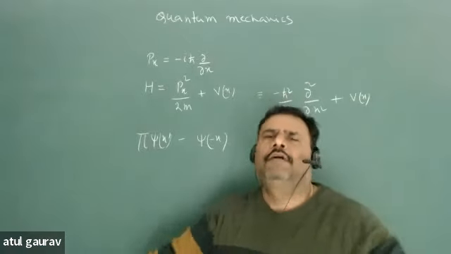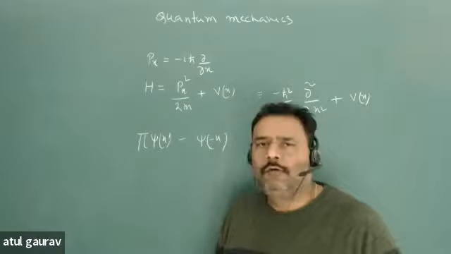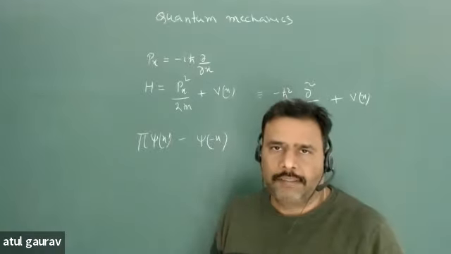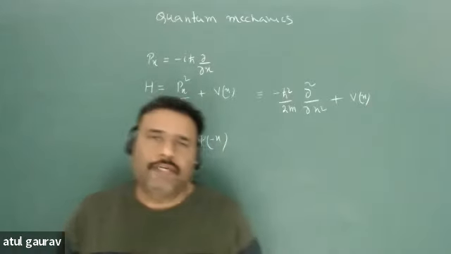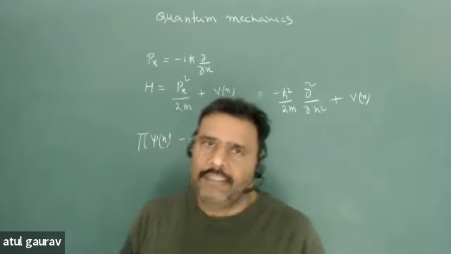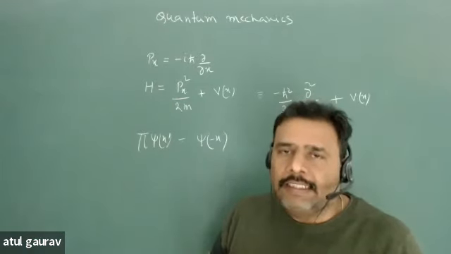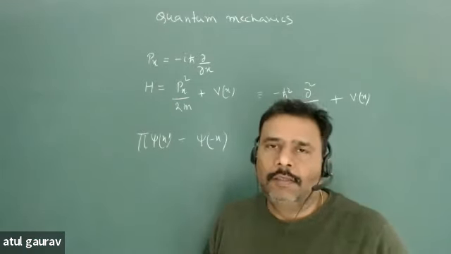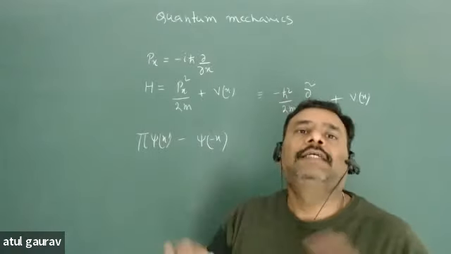So n number of operators you will encounter in quantum mechanics, not one, not two, n number of operators. So what you have to do is first try to learn in the first section how we will write any operator in the form of a matrix. So we can represent our operator as a matrix also.